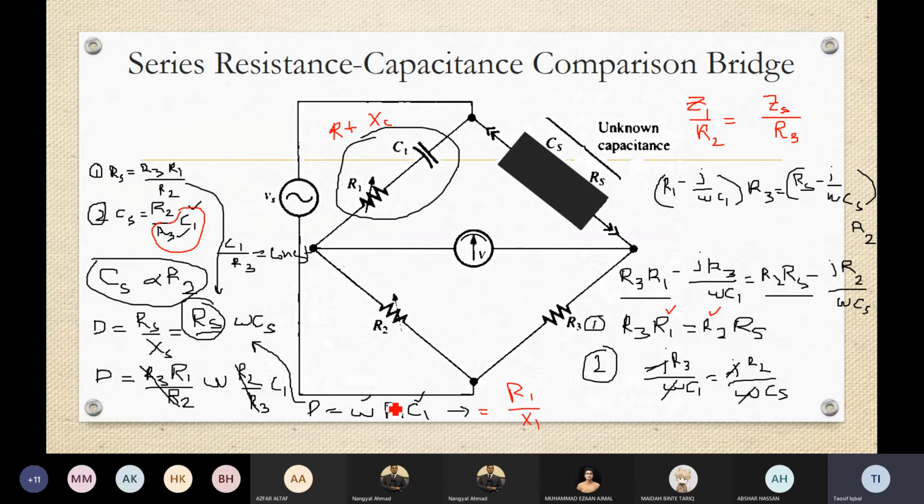Therefore, whatever value we put there for R1 and C1, we get the dissipation factor, and therefore we are going to get the value of Rs and Cs. And because we also have the formulas over there, by tuning the values of R1 and R2, we can get the values of Rs and Cs automatically.